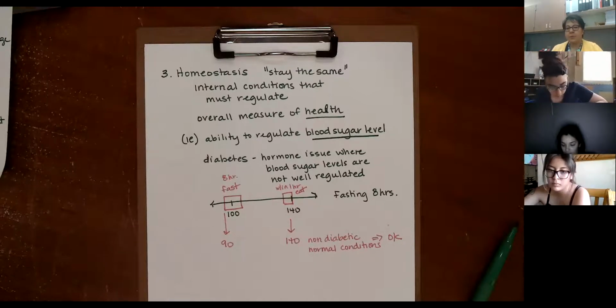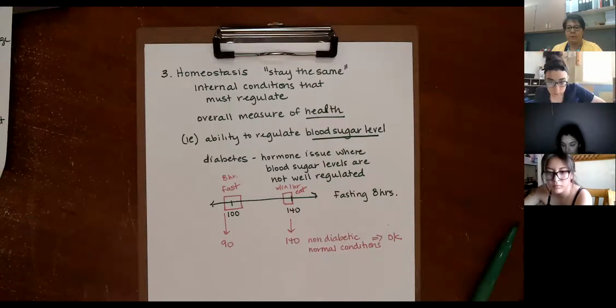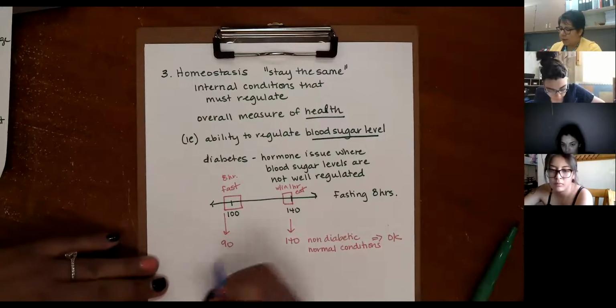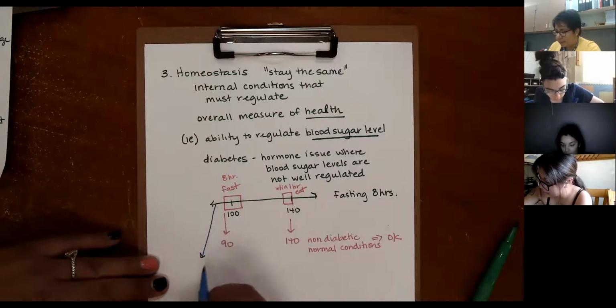But for somebody who's diabetic, their blood sugar levels exist outside this range of 90 to 140. Sometimes in the morning, somebody who's diabetic, their blood sugar level may be as low as, let's say, depending on the type of diabetes that they have, maybe it goes down to 85. That's too low.